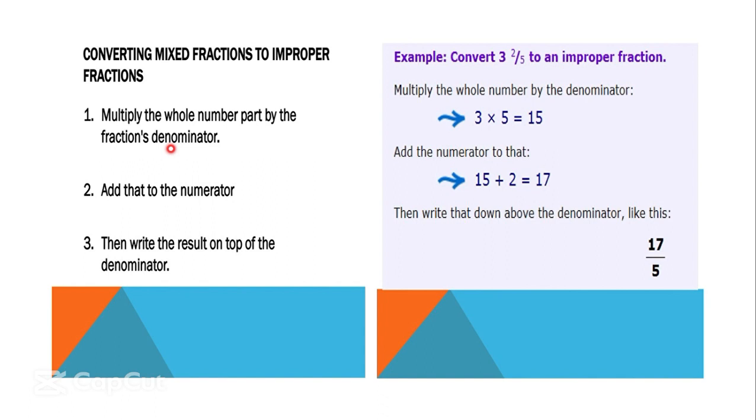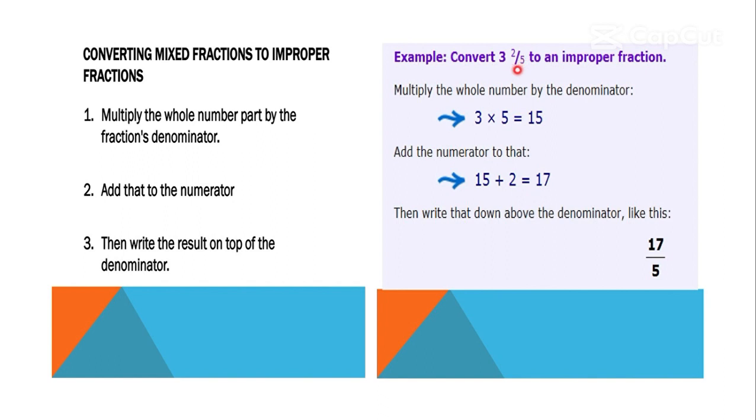Then add that result to your numerator. That result will become the numerator of your answer, written on top of your denominator. The denominator of your result is the denominator of the fraction.